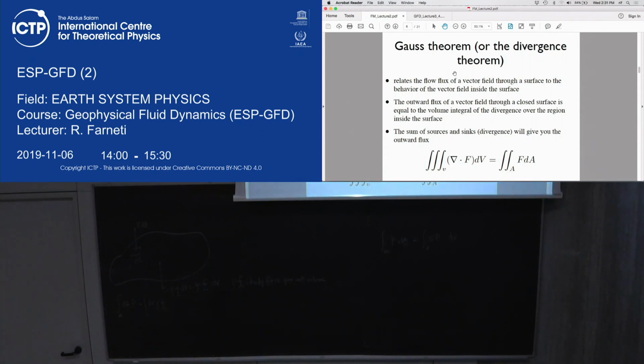It's not a vector, it's a scalar, so it's not divergence, it's grad P. It's the gradient of P. So we can rewrite this as the integral of grad P dV is equal to the integral of rho F dV.